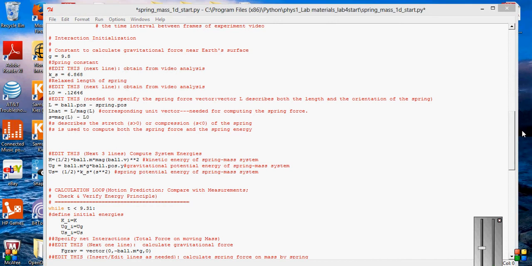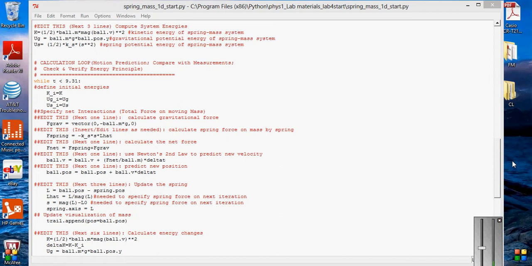So then we specify L, which determines the new length by subtracting the spring from the ball position. L hat, we give it the direction. S simply describes the stretch. It is used to determine if it is a stretch or a compression of the spring at that instant.